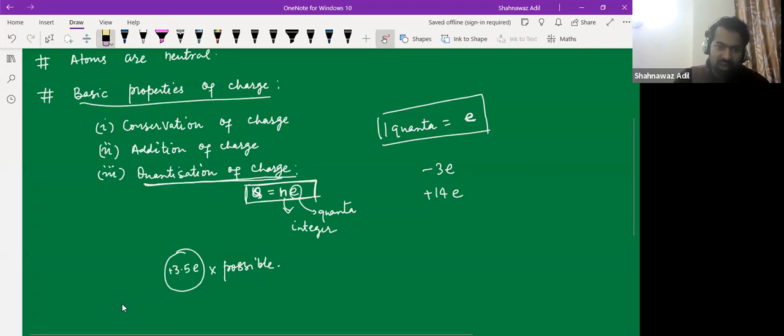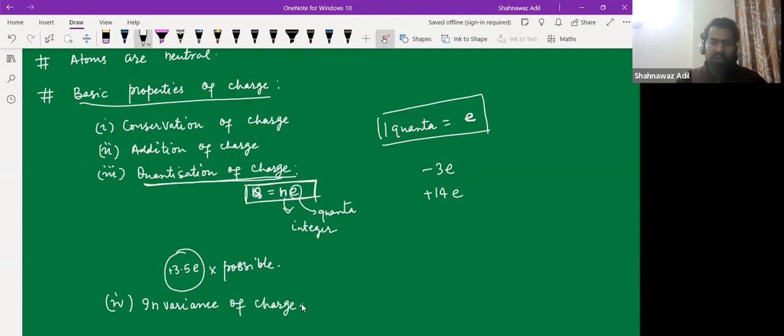Okay, what is the next property that we understood? Charge is invariant, independent of the frame of reference.